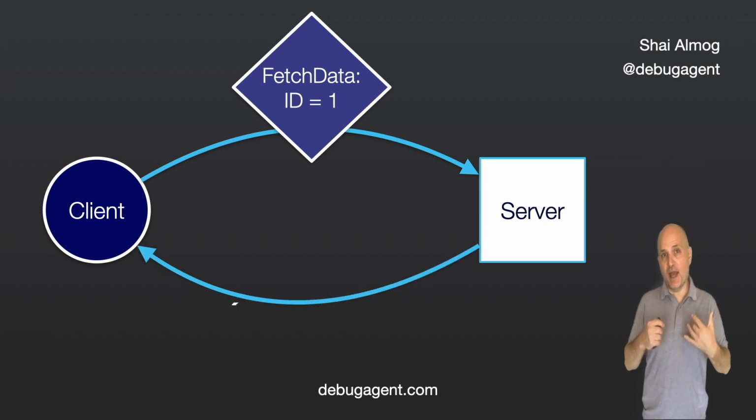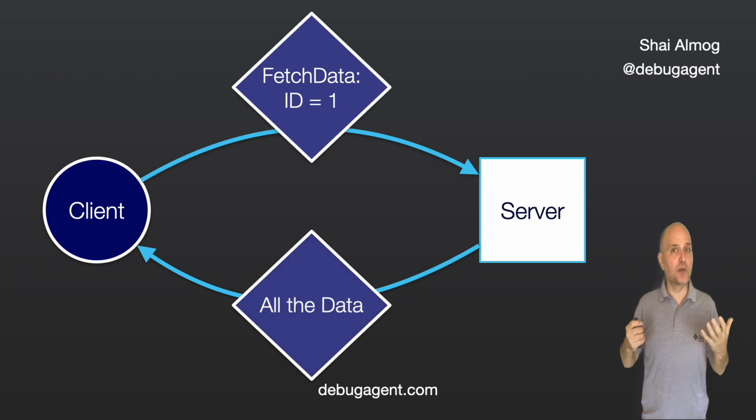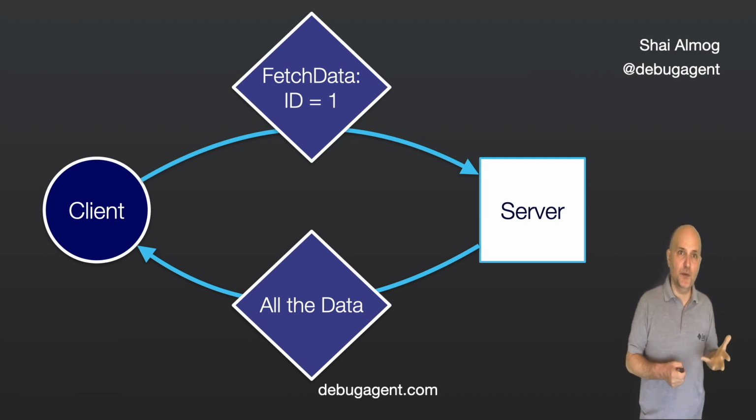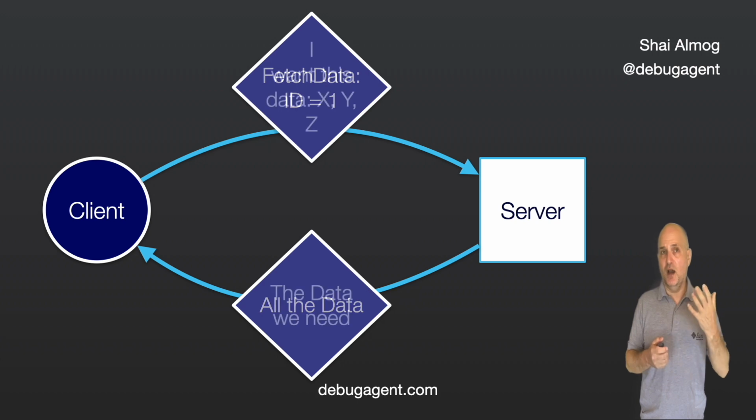We get back a response which includes all the data we want, but this has some problems. The developers that built the server don't know what I want. They serve many clients, mobile, web, other companies. They return a lot of extra data and also not enough data, forcing me to do multiple round trips to get the additional data I need.